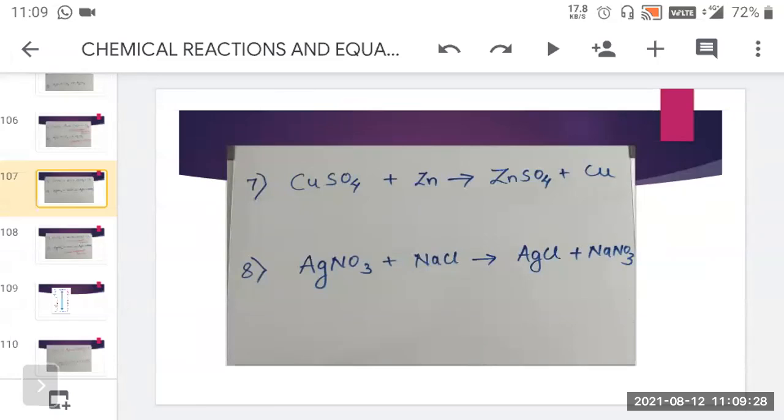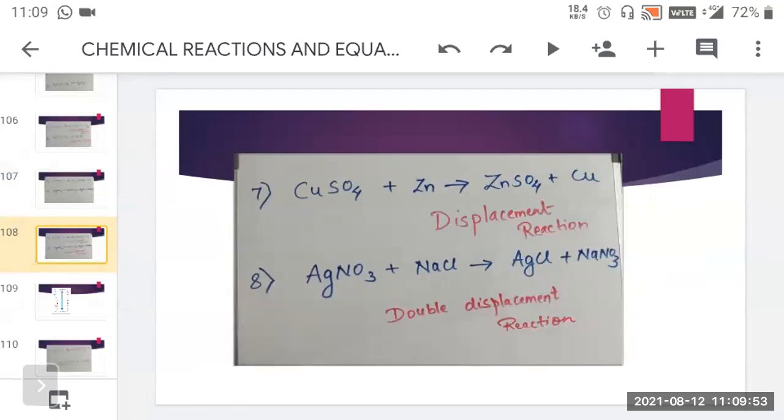They will combine, and the exchange of metals takes place. So Ag will combine with Cl and Na will combine with NO3. Hence we can say that it is a double displacement reaction where two elements have been replaced, two metal elements, or you can say two non-metals also.